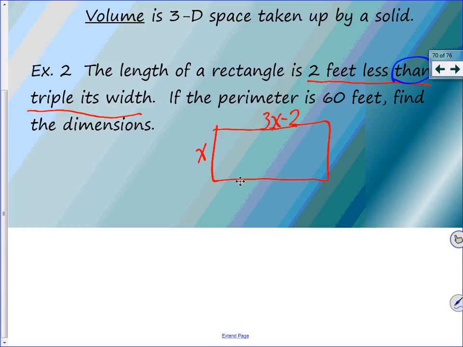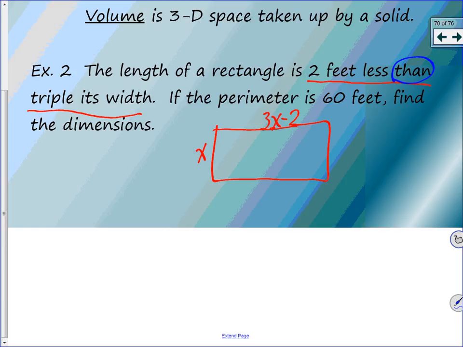Triple its width goes first, and then 2 feet less than goes at the back. So if you see the word than, that means that part goes at the back. So 2 feet less than, the minus 2 goes at the back, and then triple its width goes at the front. So that's why it's 3x minus 2.